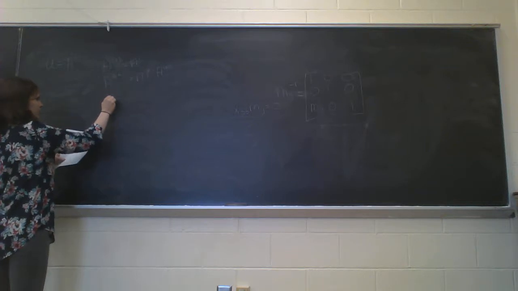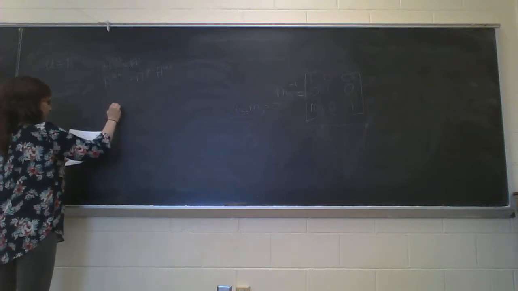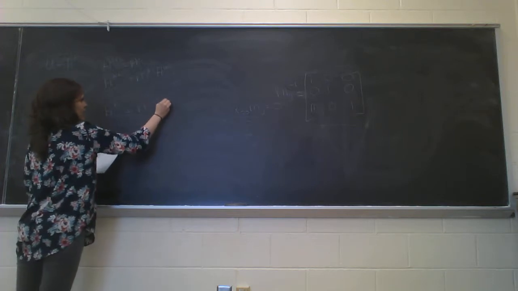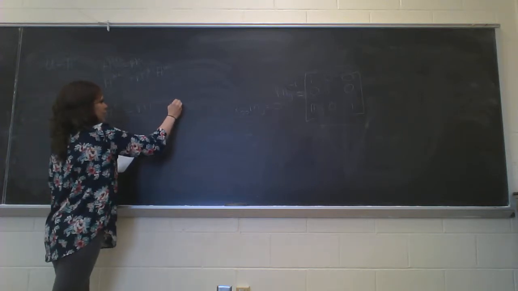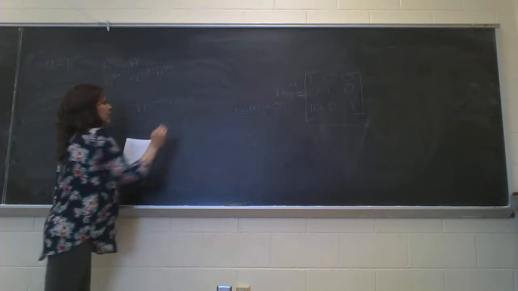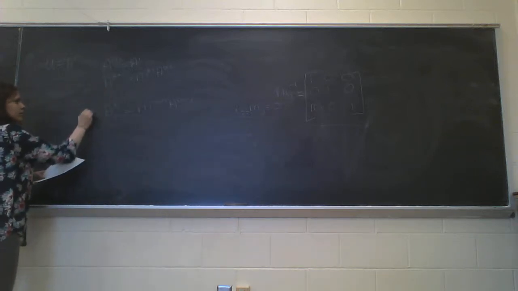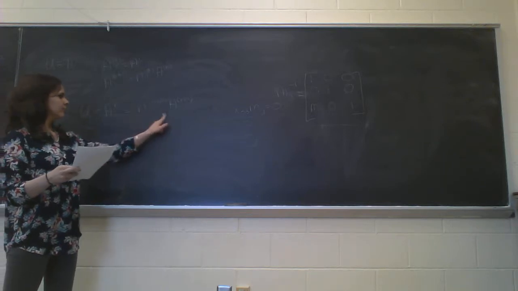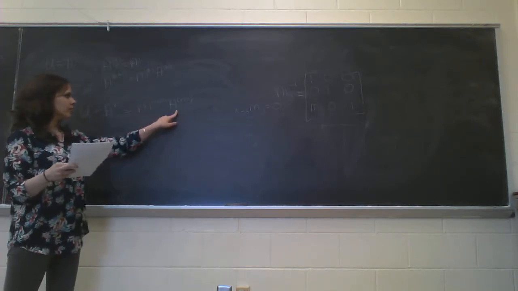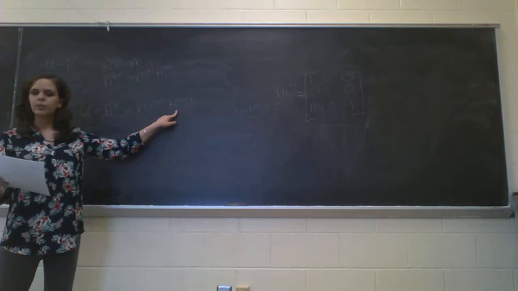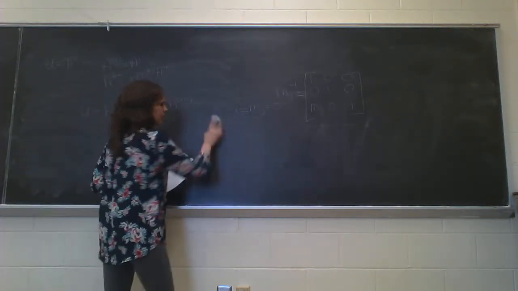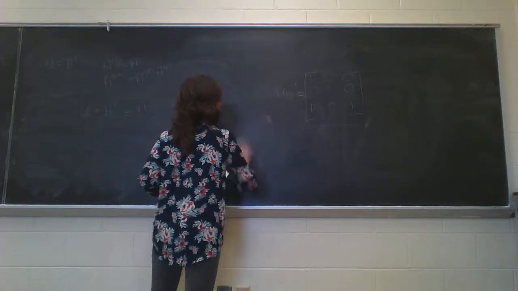And we can do this all the way down to AN. And AN is equal to M N minus 1 A N minus 1. And that is equal to U. But we don't really know what A N minus 1 is. So we need to look at this a little bit further.